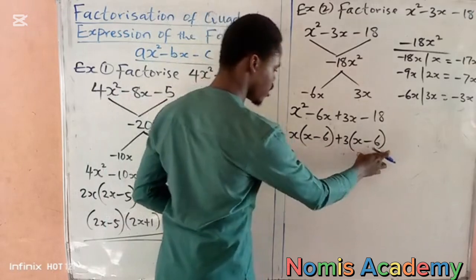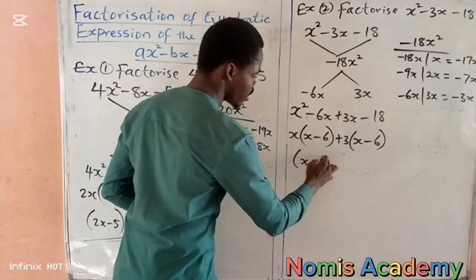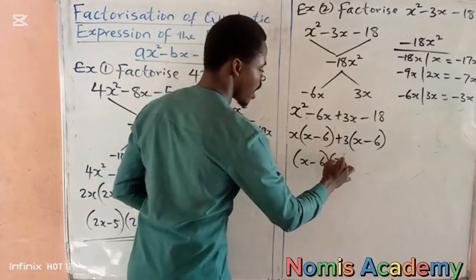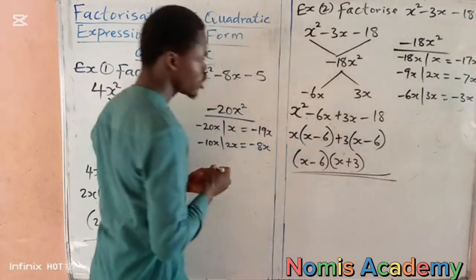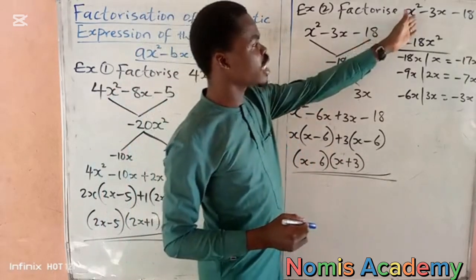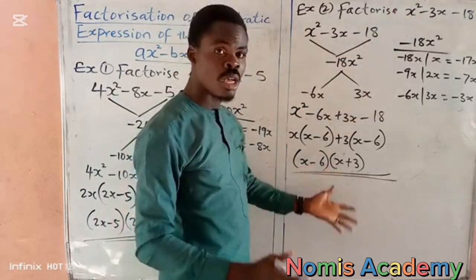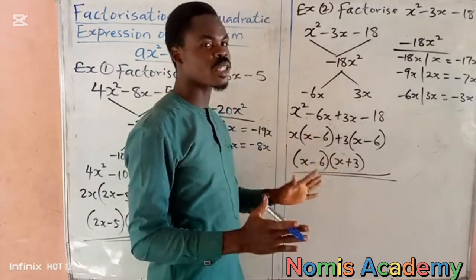So we pick out the common factor, which is x minus 6, and then write out what we have outside, x plus 3. So the solution to this quadratic expression is x minus 6 and x plus 3. Always a product of two linear factors.